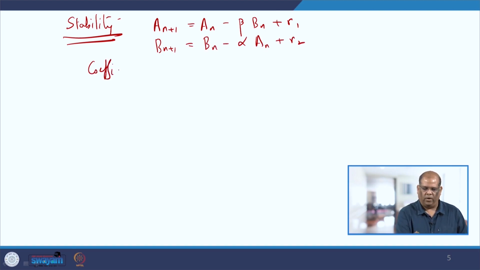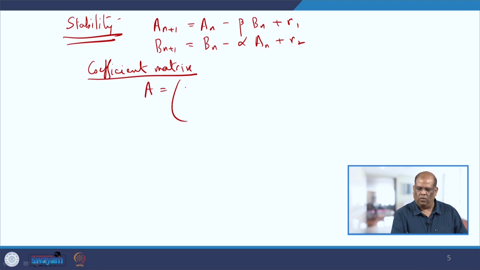The coefficient matrix, say A, is equal to [1, minus beta; minus alpha, 1].